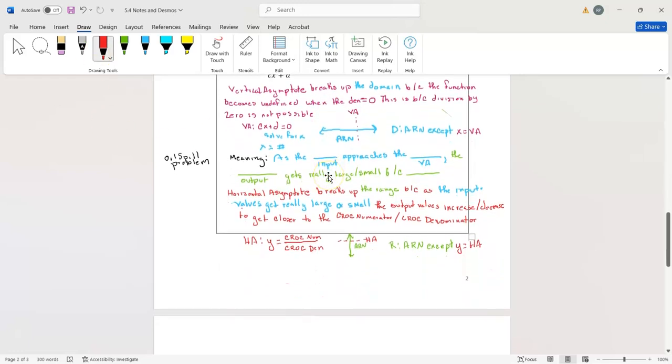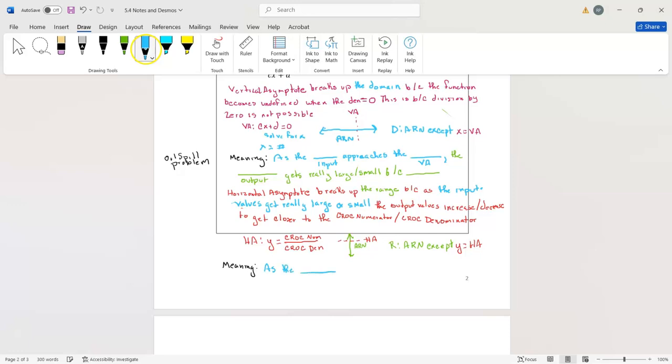And one last thing is we want to talk about the meaning for this. Again, two parts, an input part and an output part.